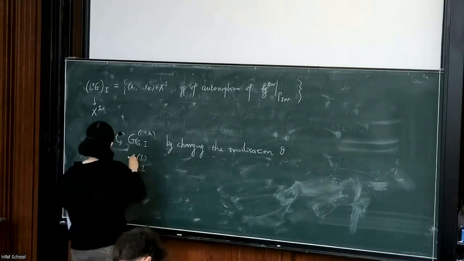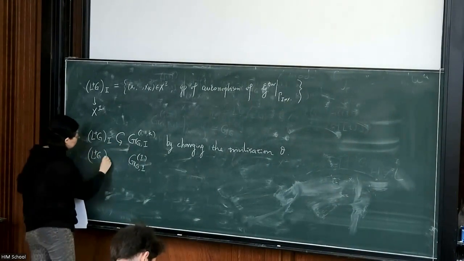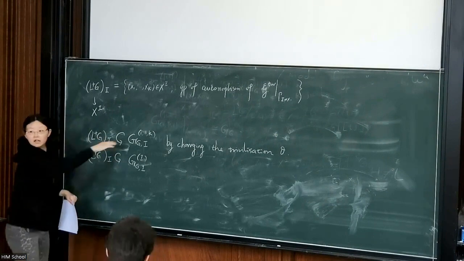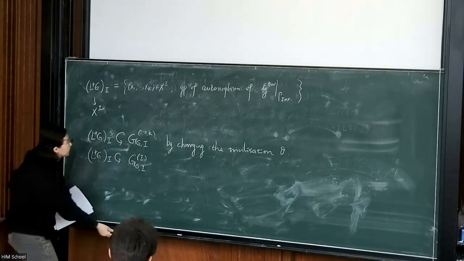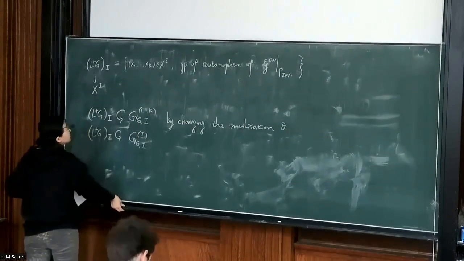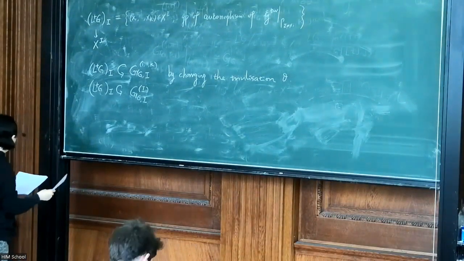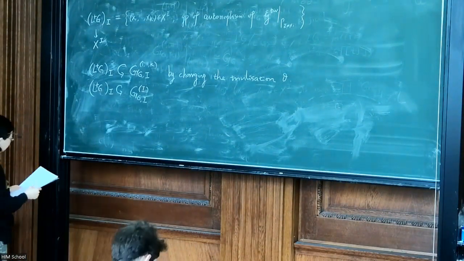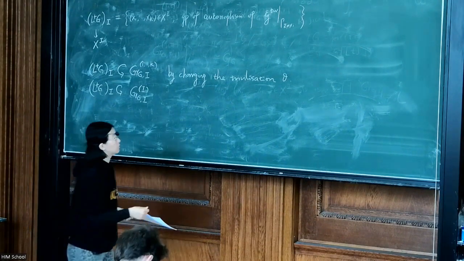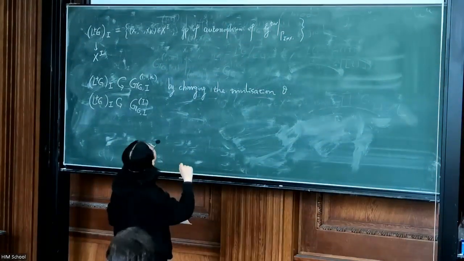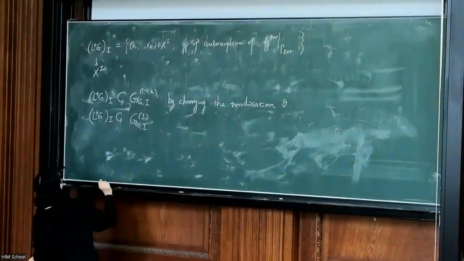Oh no, I said it acts on both. It acts on both of these by changing trivializations. And now we can define our map from Shtukas to the affine Grassmannian.